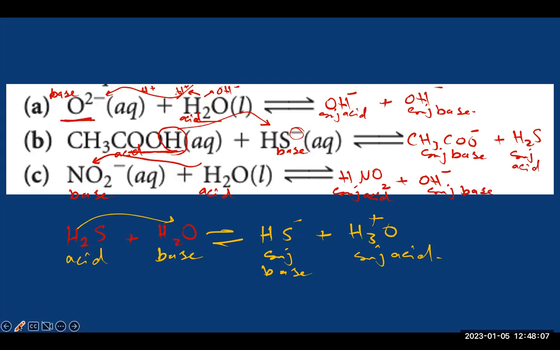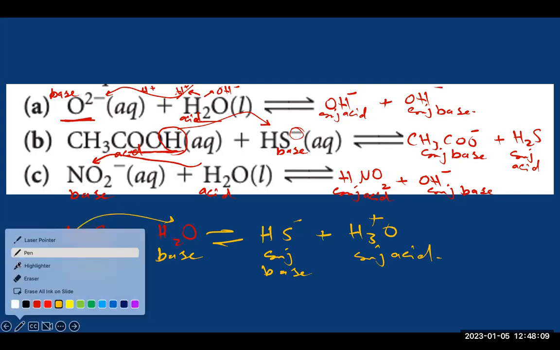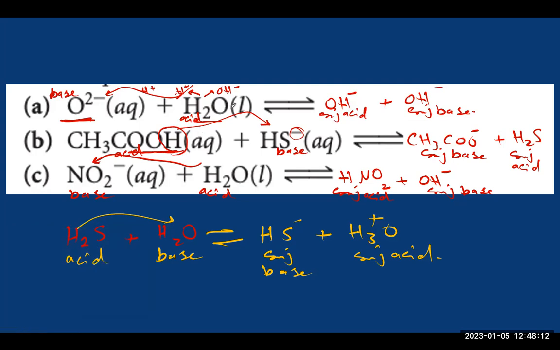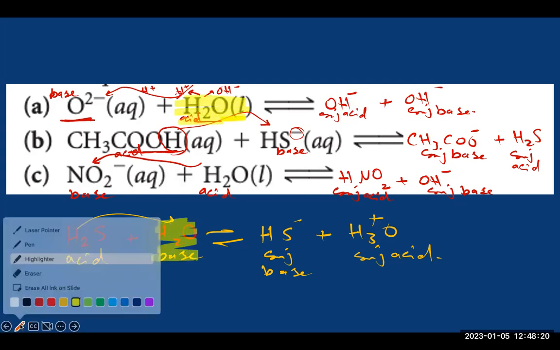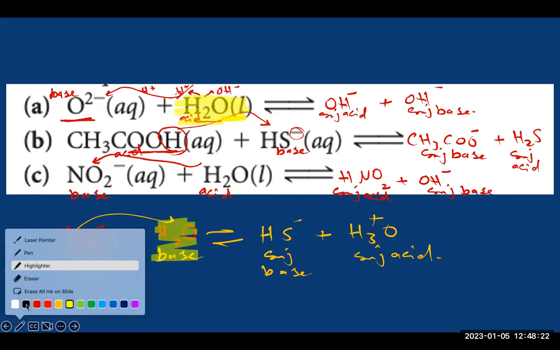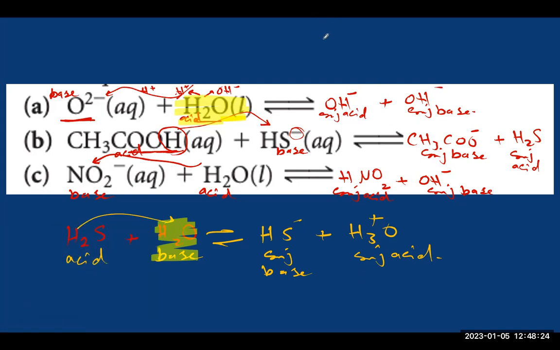As you can see here, we have H2O that can act as an acid in this case, and H2O as a base. So H2O can act as base and acid at the same time. This will be called an amphoteric substance.